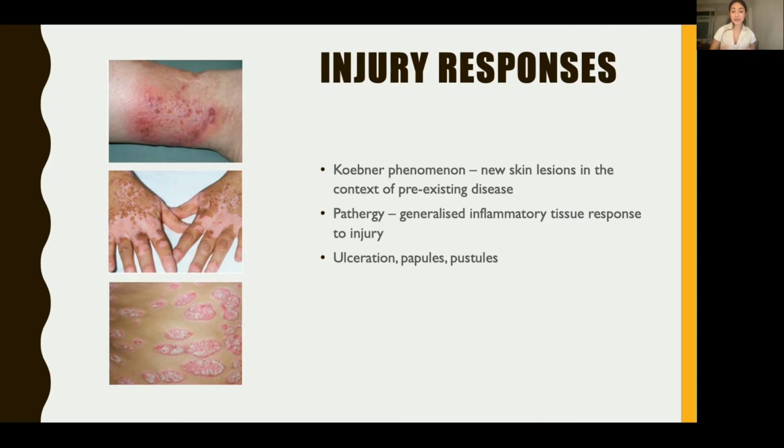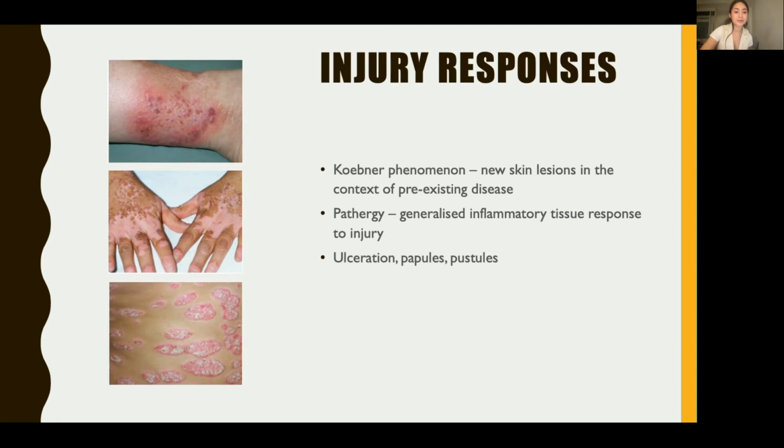Whereas pathergy is something similar, but a bit different. Pathergy is more of a generalized inflammatory tissue response to injury. It forms papules and pustules, so it's not specific to any pre-existing disease. And commonly you can get this in something called pyoderma gangrenosum, which I think is interesting.